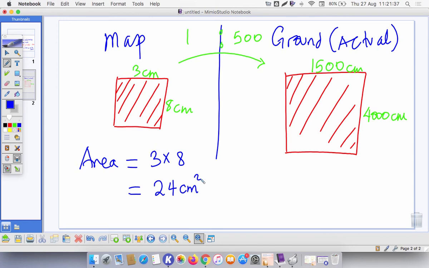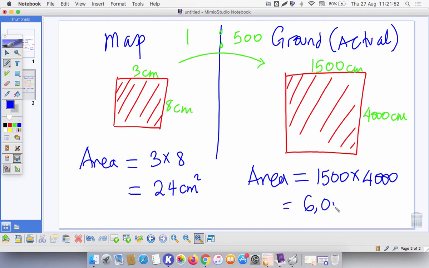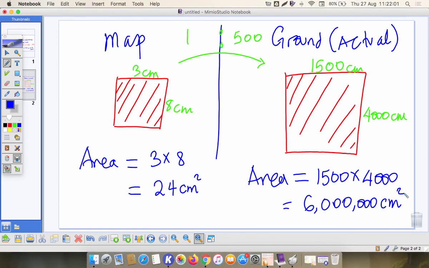Whereas on the ground, this would be 1,500 times 4,000. This would be 6 million square centimeters.